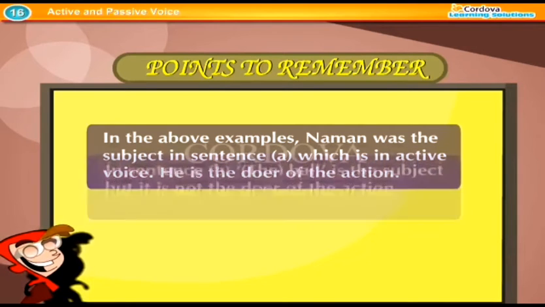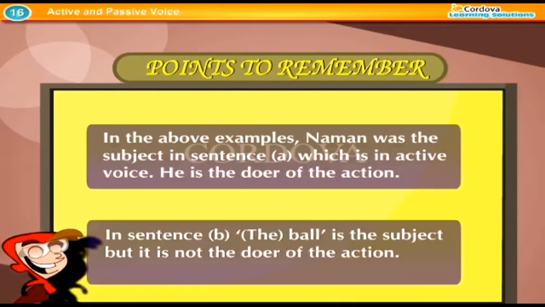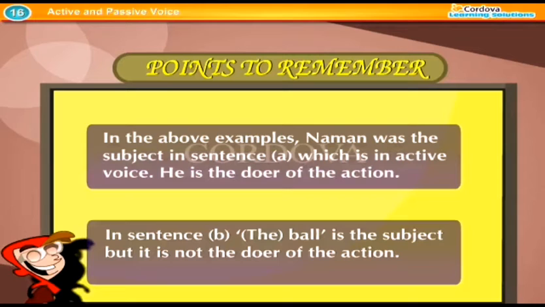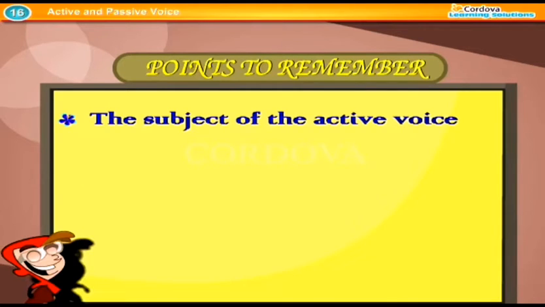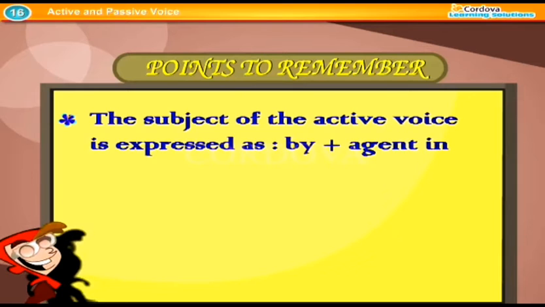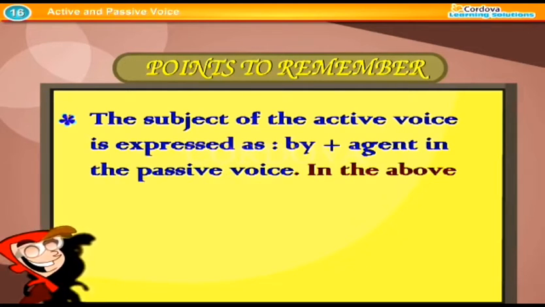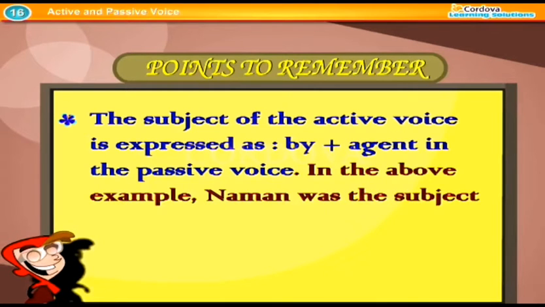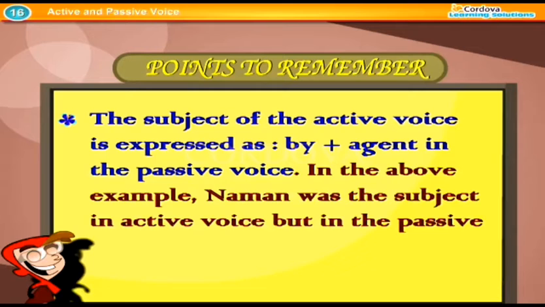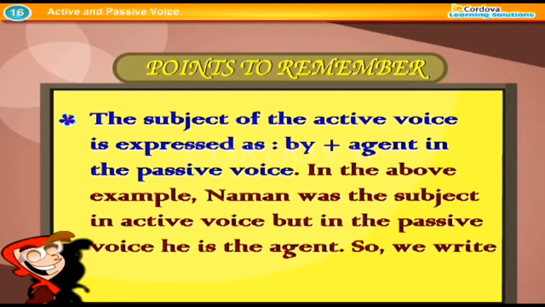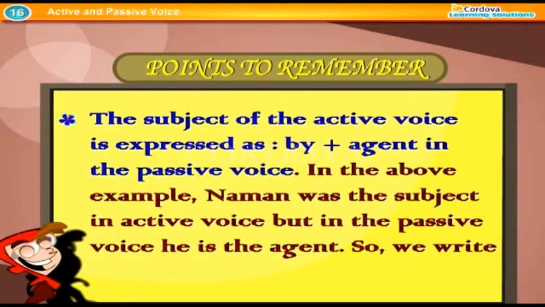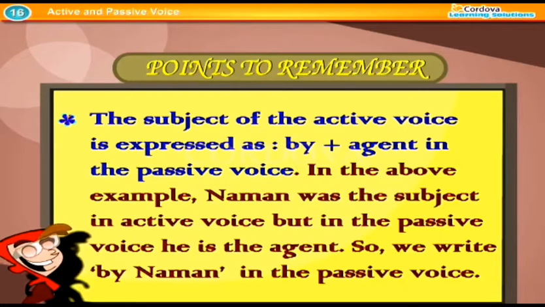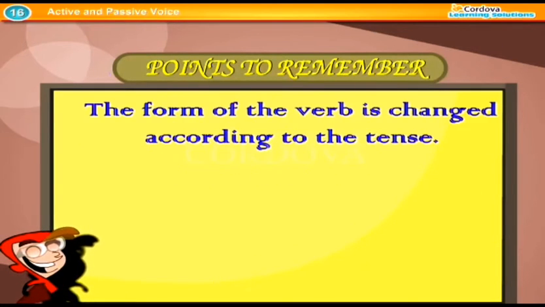He is the doer of the action. In sentence B, the ball is the subject, but it is not the doer of the action. The subject of the active voice is expressed as by plus agent in the passive voice. In the above example, Naman was the subject in active voice, but in the passive voice, he is the agent. So we write by Naman in the passive voice.